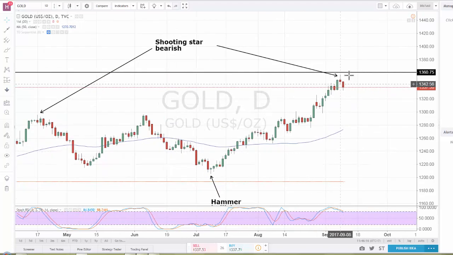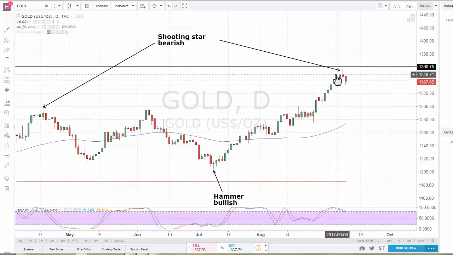And this is actually the current candle for gold as of today. This is the chart for gold, one-day candles. This candle here, the shooting star candle, was the candle closing on Friday when the market closed, and this is the candle for today, Monday, opening as a red candle.